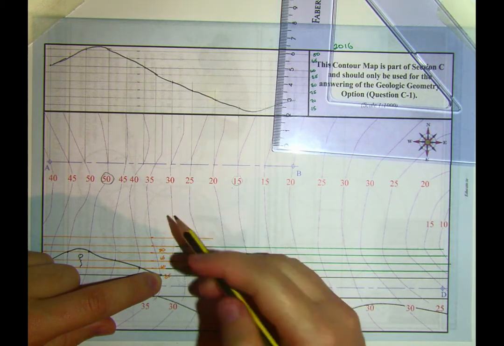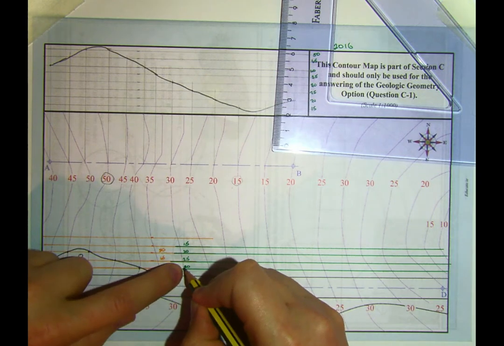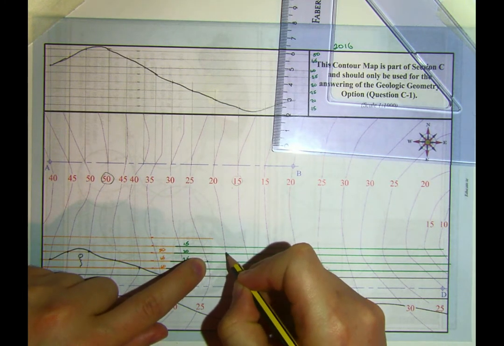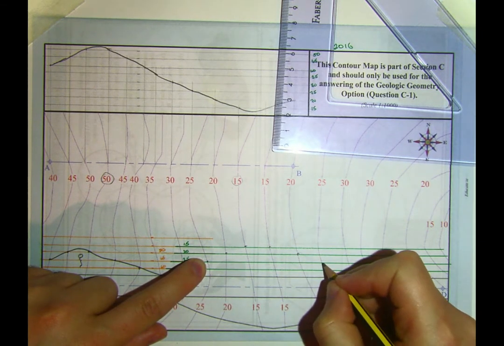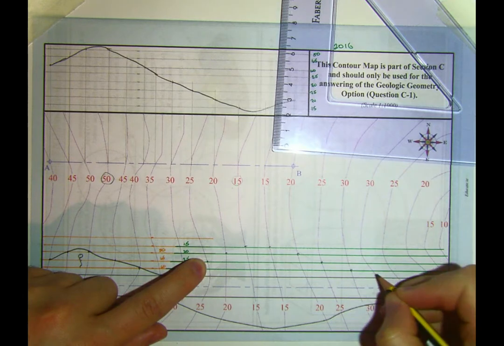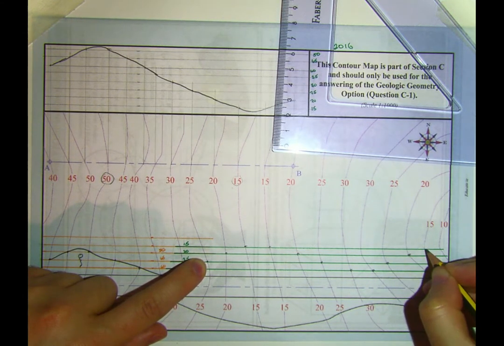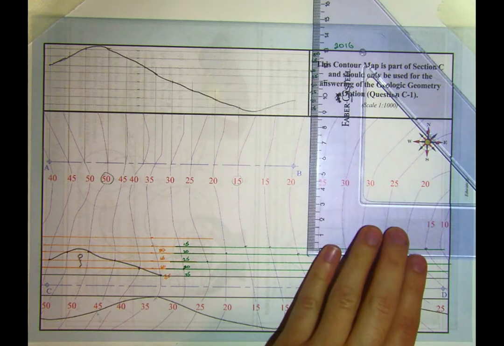So the 30 contour hits the 30 height line here. 25 contour hits the 25 height line, 20, 15, 15, back up to 20, 25, 30, 30 again, back down to 25, 20, 15, and sorry, there's a 10 over here that I didn't see.